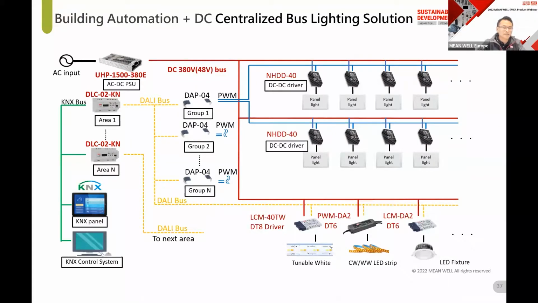All the HDDs are controlled by the DAP. There is a DLC02KN, the KNX version, in the front to convert the KNX signal to the DALI signal, and then control devices after the DAP. With a KNX system, the configuration can be very large, providing flexibility for building automation applications.